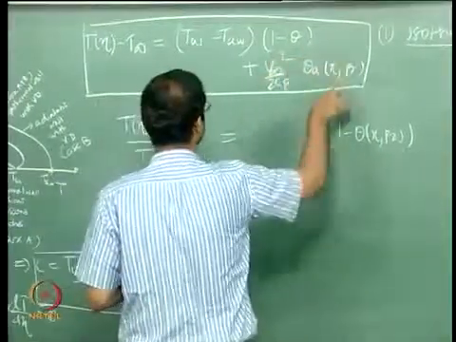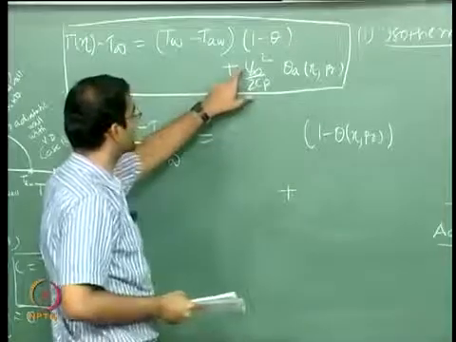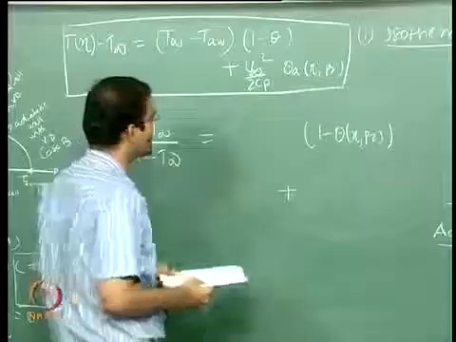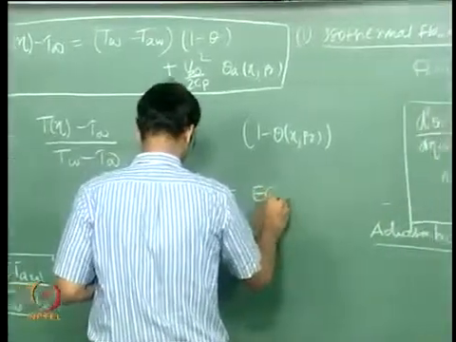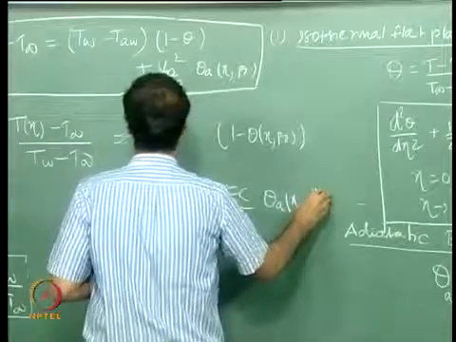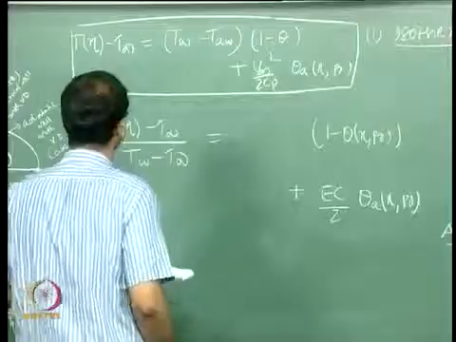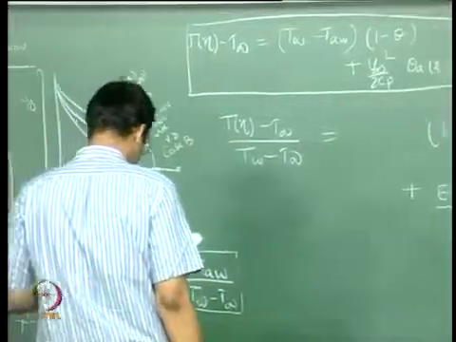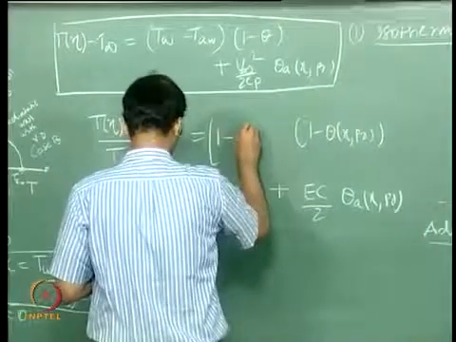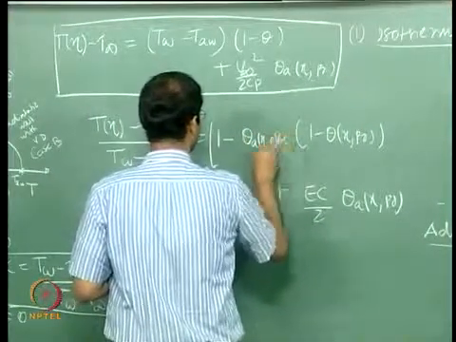If I divide by T wall minus T infinity, u infinity square by Cp T wall minus T infinity is the Eckert number. So Eckert number by 2 into theta a. Now coming to T wall minus T adiabatic wall by T wall minus T infinity, that can be written as, you can just check, 1 minus theta a at eta equal to 0 into Eckert number by 2.